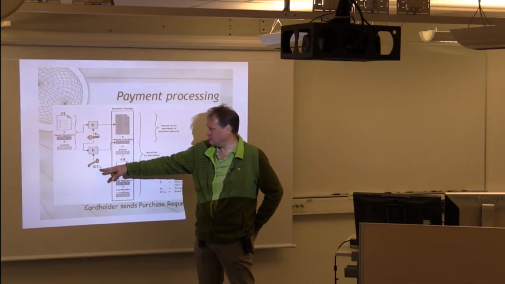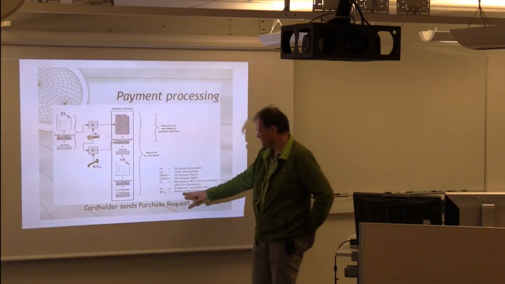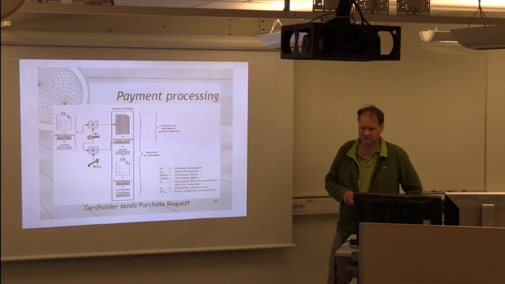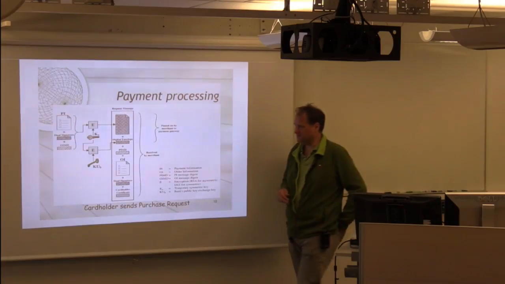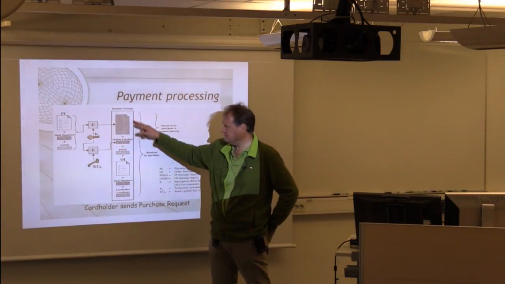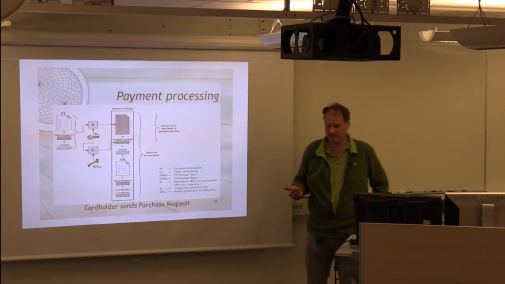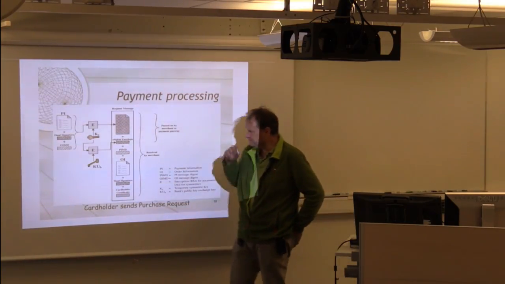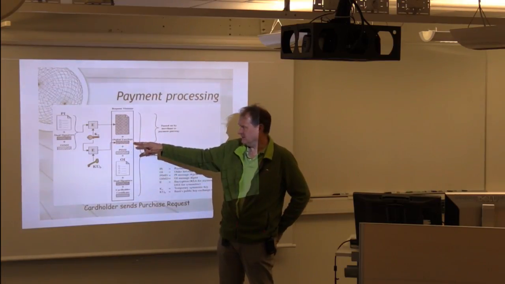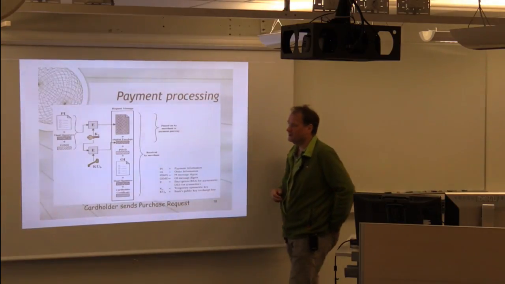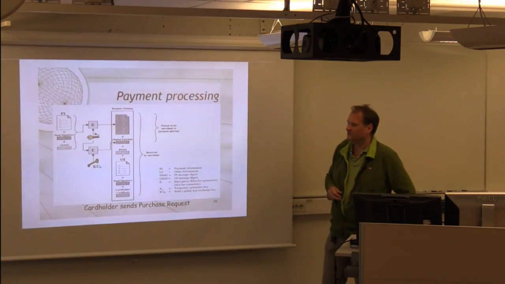That session key is encrypted with the bank's public key, which means that the only one who can decrypt this information, this part here, is the bank, because it's only the bank who has the private key that can be used to first open this digital envelope to retrieve the session key and then decrypt the encrypted payment information.